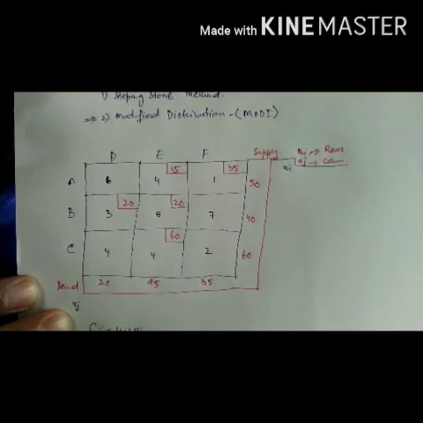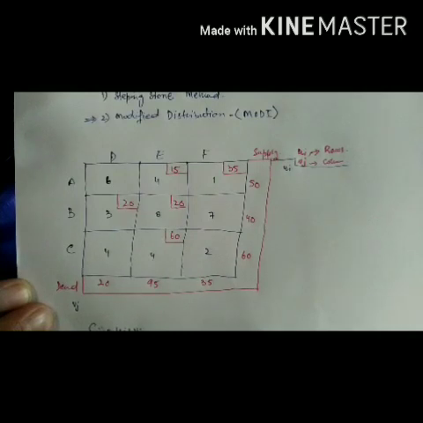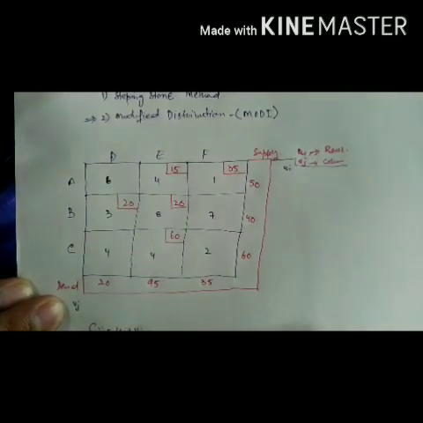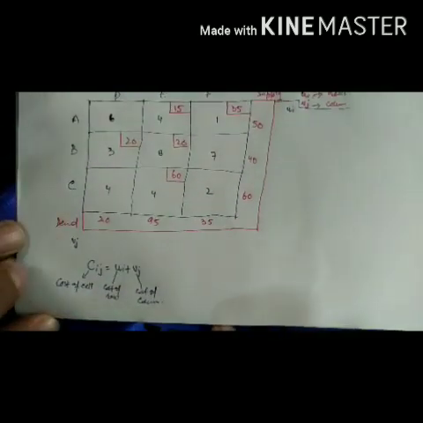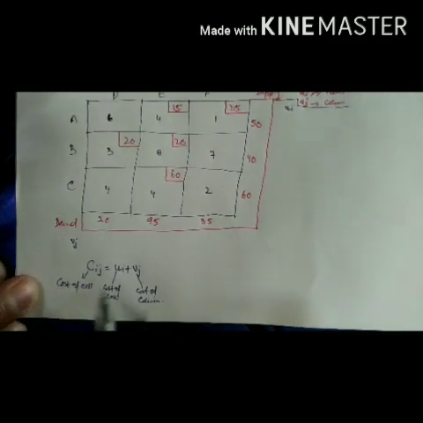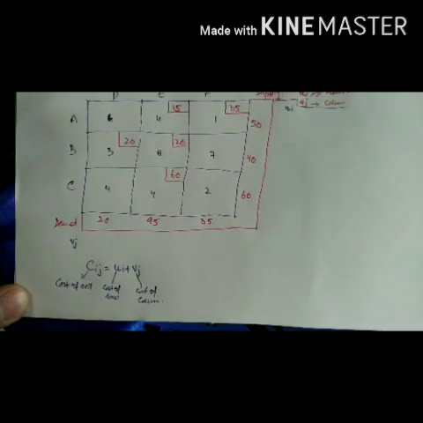This is cost of cell, and UI, this is cost of row, and this is cost of particular column. Sorry, it's here. This is cost of cell, this is cost of row, and this is cost of particular column.